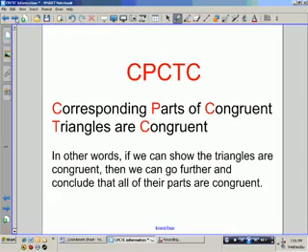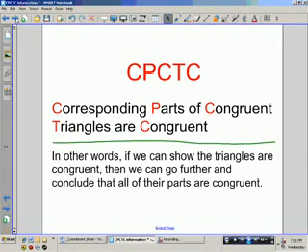Make sure that you get everything above the line, word for word. The stuff below it is kind of a layman's terms. If you want to, feel free to paraphrase that. CPCTC, corresponding parts of congruent triangles are congruent. If we can show the triangles are congruent, then all their parts then have to be congruent also.